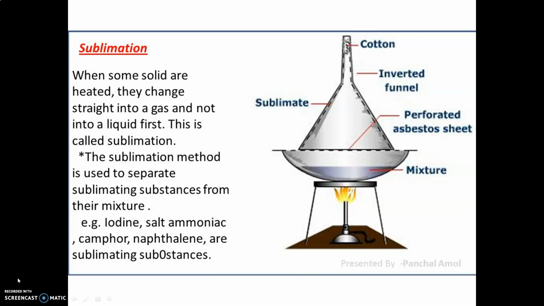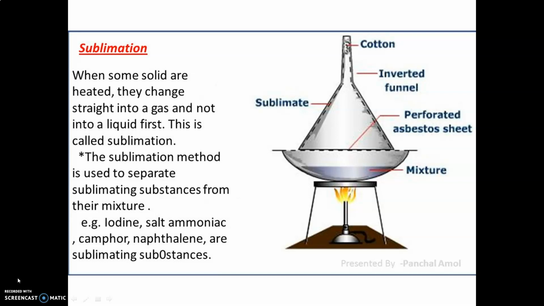A very good example is given in your book, activity 9, with ammonium chloride and common salt. You take a mixture of common salt and ammonium chloride and put it into a dish. You put an inverted funnel over it, as you can see in the slide, and cover the funnel's end with a cotton plug.